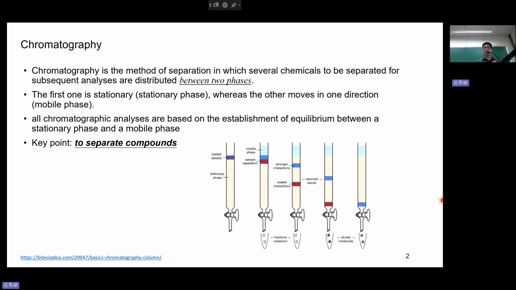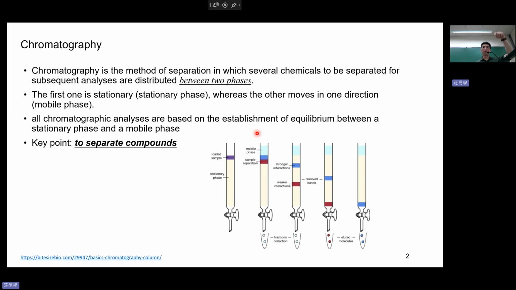So simply put, you load the sample, and then you supply it with a stream of water. You just keep pumping water into it. So the water is the driving force rather than gravity.